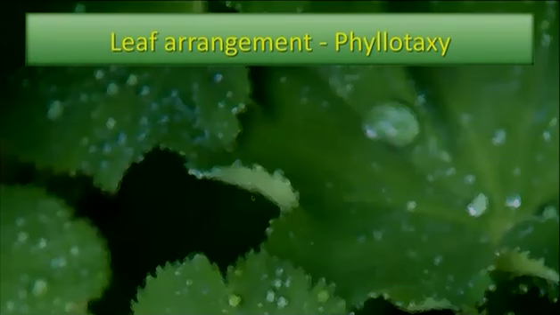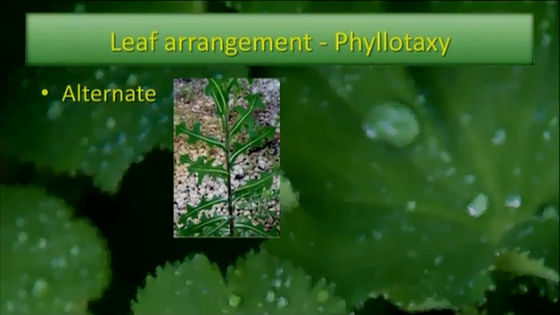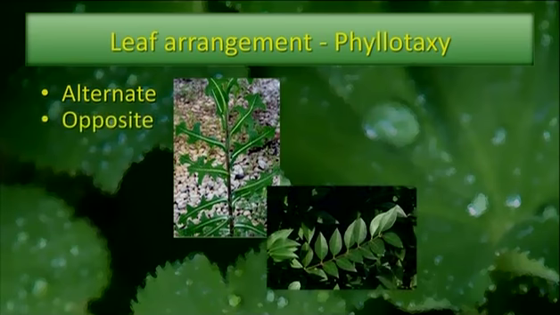We have a review of phyllotaxy. Okay, so here we have an example of an alternate leaf arrangement with one leaf at each node, right? Alternating sides. And here we have an example of opposite leaf arrangement, okay, where the leaves are opposite each other, two at each node.